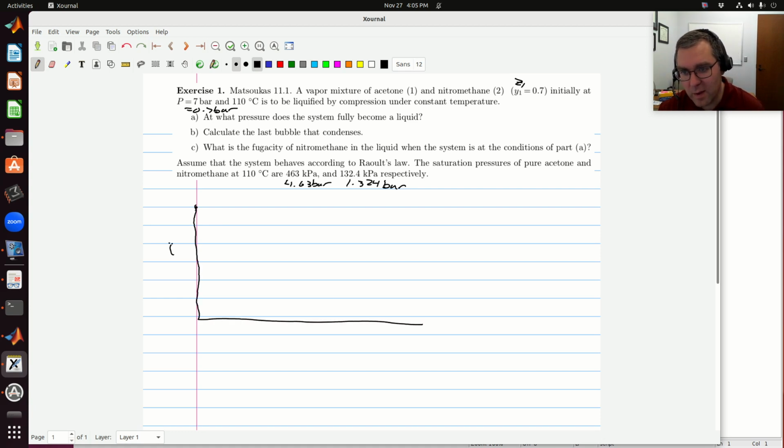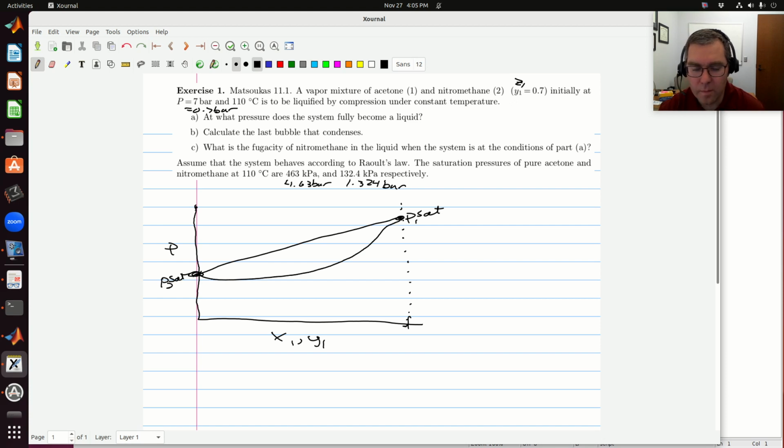If I sketch my PXY with respect to the most volatile component, and acetone is the most volatile component, so P1 sat is greater than P2 sat. I've got P1 sat here. My bubble line is going to be a straight line for a system that obeys Raoult's law. Here's P2 sat, and here's my dew line.